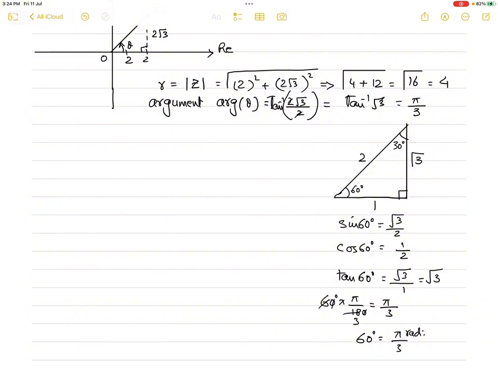So 60 degrees is pi by 3 radians. Now z equals 2 plus 2 root 3 i in Cartesian form. This is in Cartesian form.